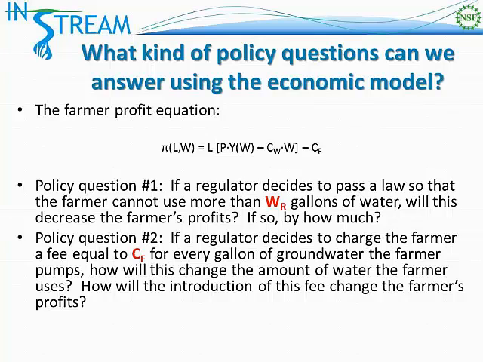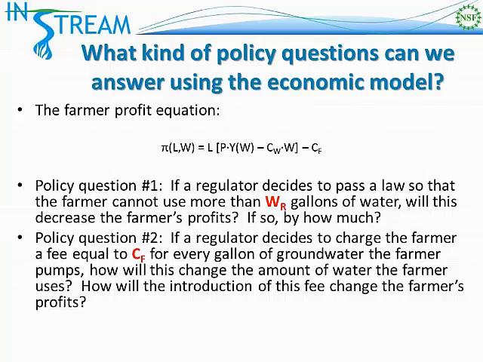We can calculate what the profit of the farmer is if he uses his profit maximizing level of water use, and then we can plug W sub R into this equation, the profit equation, and figure out what the profit is for the farmer if he only uses W sub R units of water, which is what the regulator would allow under this rule.